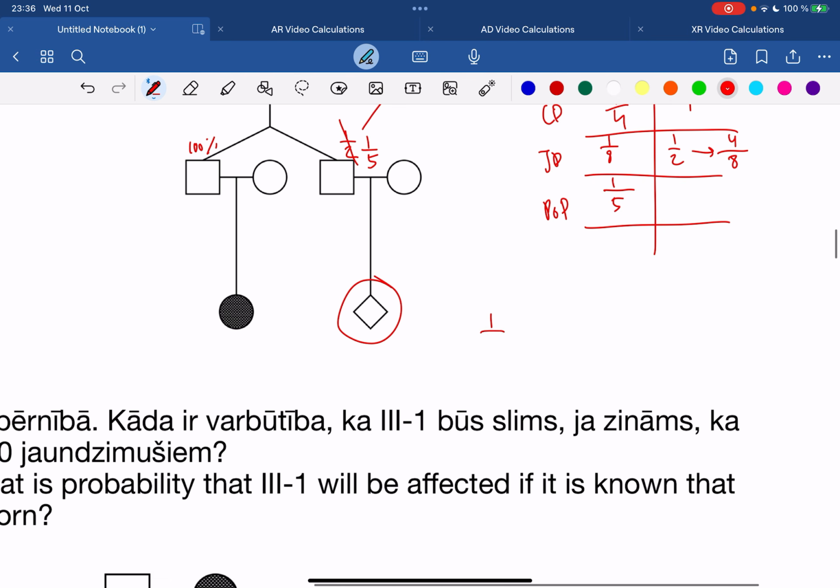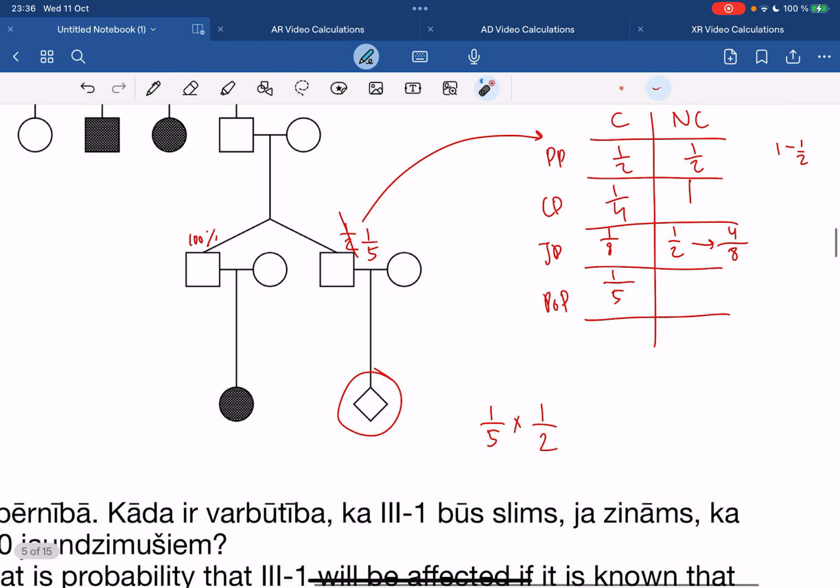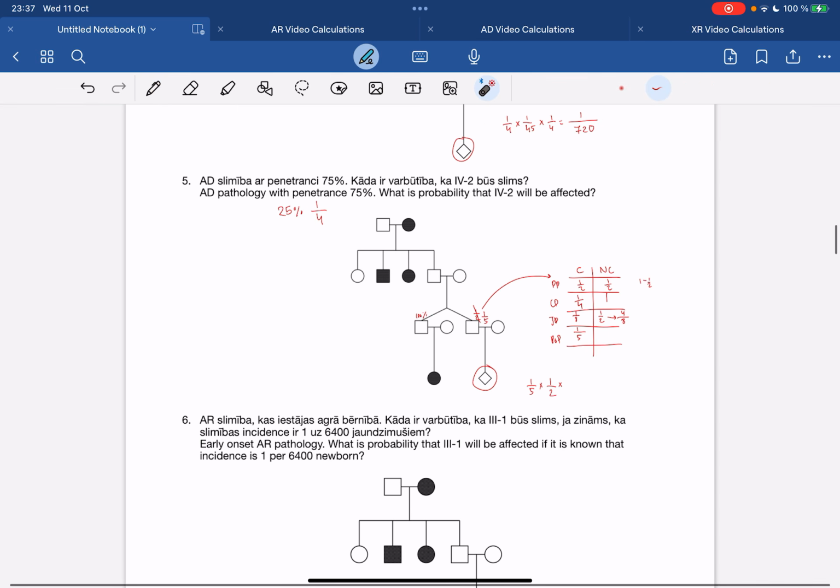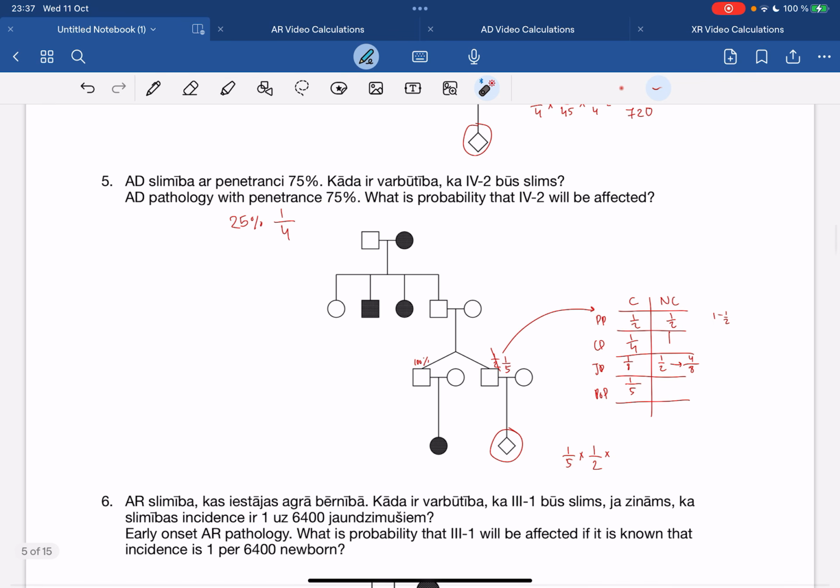So we take the parent's chance of being a dominant allele carrier, right, times the child's chance to be receiving said dominant allele. But even if the child receives the dominant allele, it doesn't mean that he or she will develop the symptoms, because again, it's a 75% penetrance.